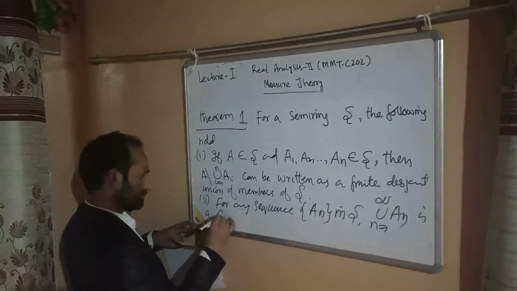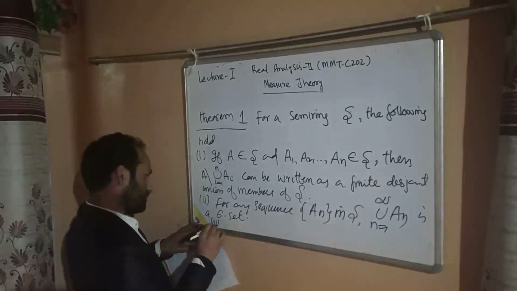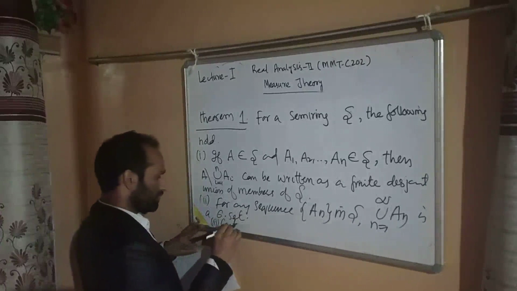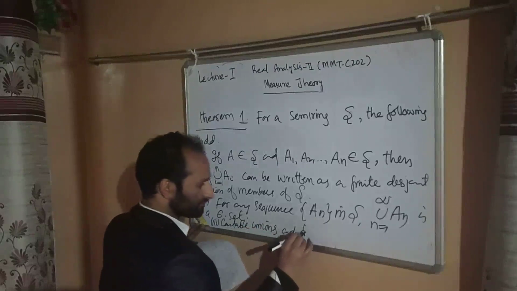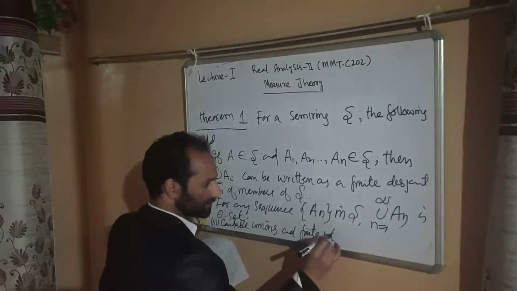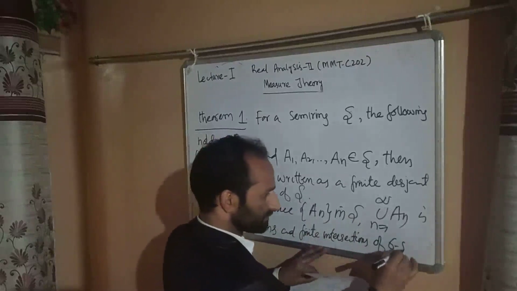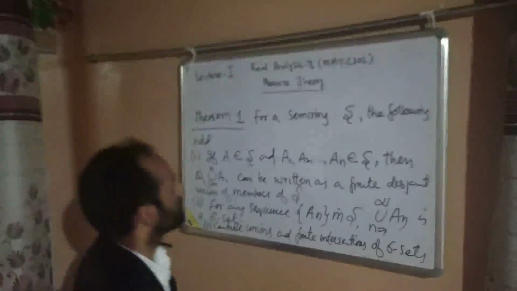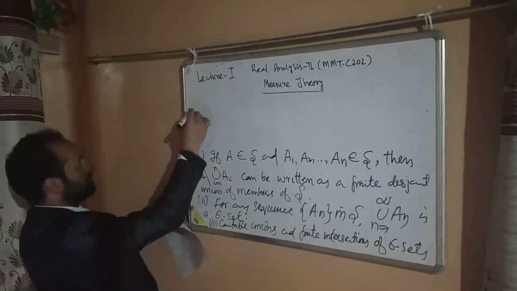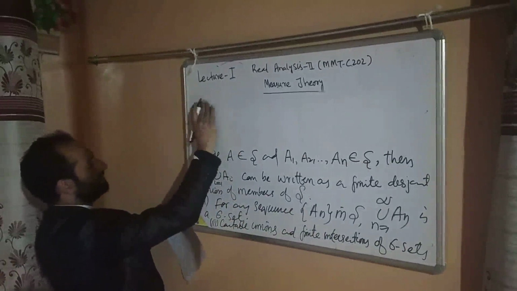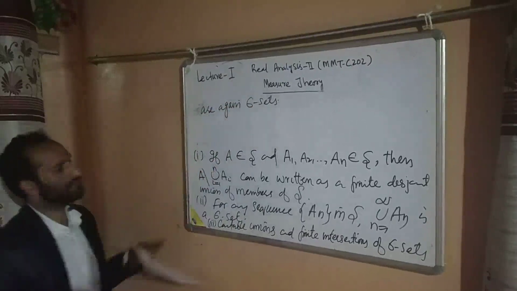And the third and last property that we have to prove: countable unions and finite intersections of sigma sets are again sigma sets.